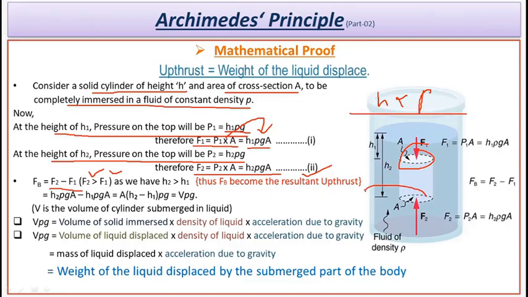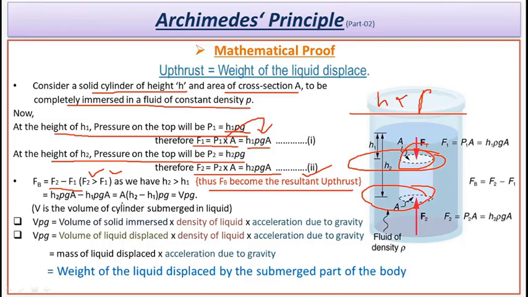Therefore, at the bottom, the pressure exerted by the liquid is greater than the pressure exerted at the top of the cylinder. So obviously the force exerted at the bottom is greater than the force exerted at the top. The FB, or the force of upthrust, will become the resultant force.